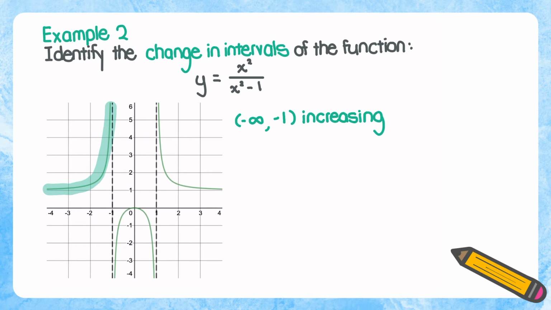And then starting from right after negative 1, we're increasing again, right here. So we write it as a separate interval, but the graph is still increasing from negative 1 to the origin, 0.